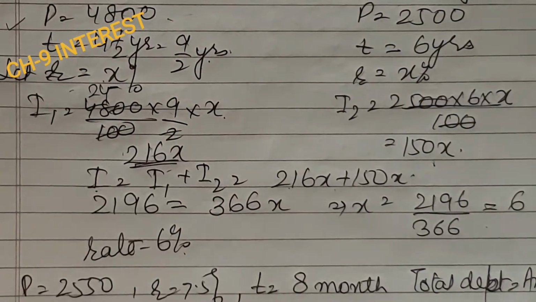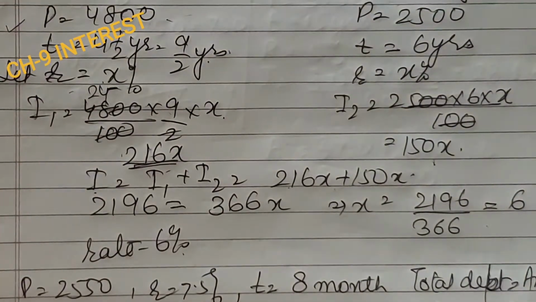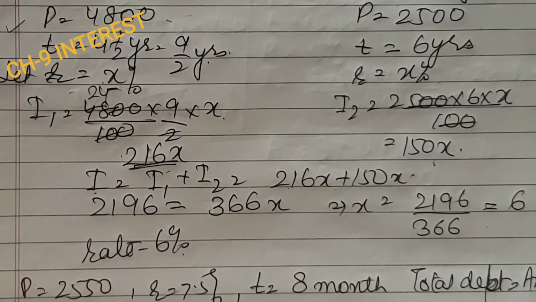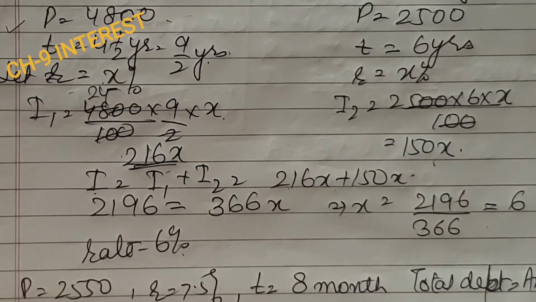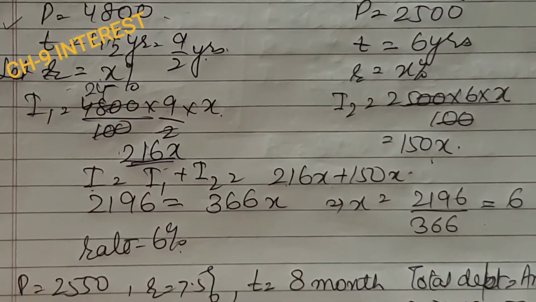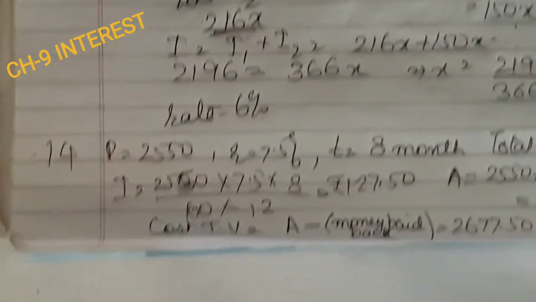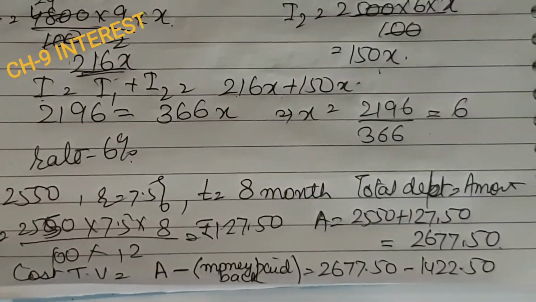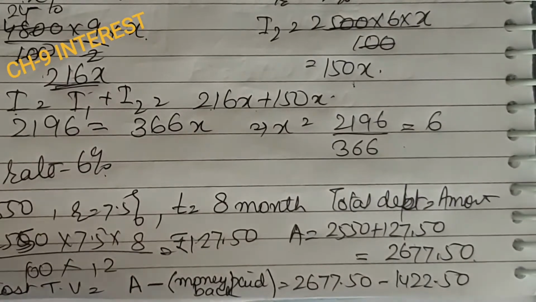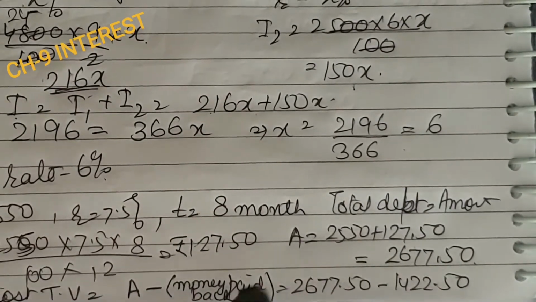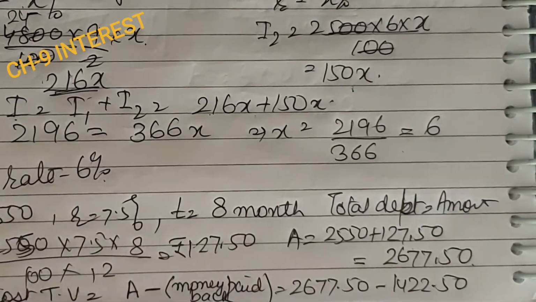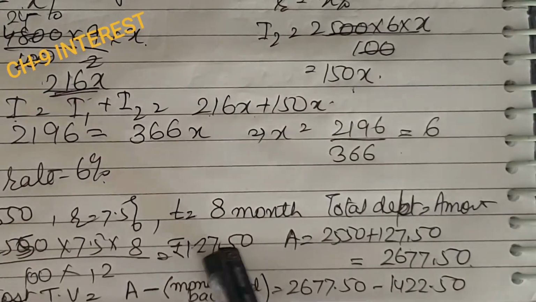Now question number 14 is interesting. A man borrows 2,550 at the rate of 7.5%, and he pays some money as cash and the remainder as a black and white TV. So what is the cost of the black and white TV? You will find the interest and amount.